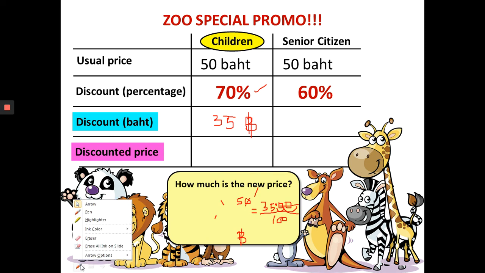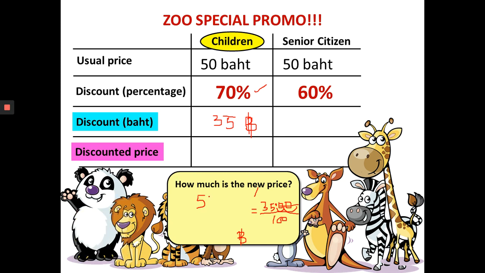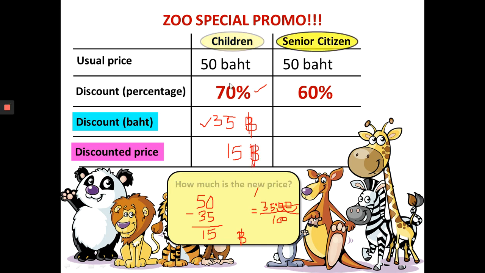The new price is 50, which is the usual price, minus the discount baht, 35. So the children will only pay 15 baht. Okay. They will only pay 15 baht. Right? Now let's proceed with the senior citizen.